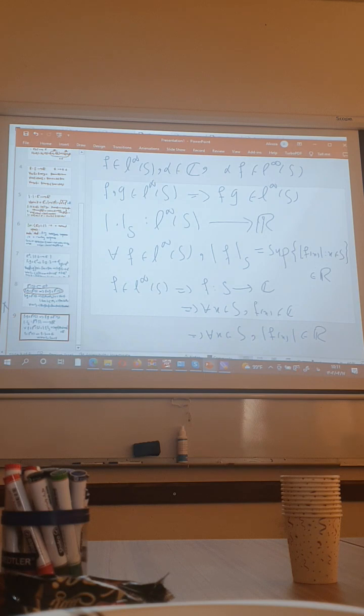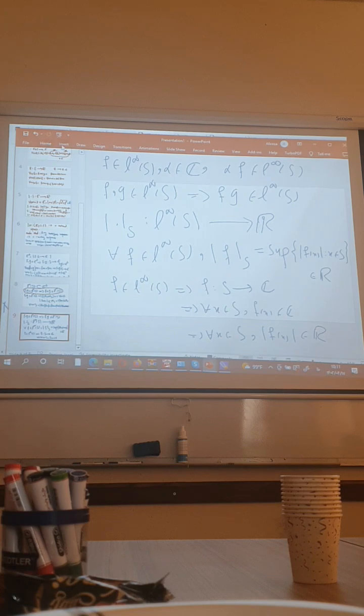My question is why this supremum is not equal to infinity. All of these are real numbers, but maybe this supremum could equal infinity. But if f belongs to L infinity, this supremum is finite, not infinity.